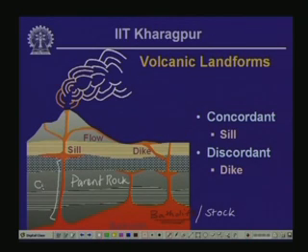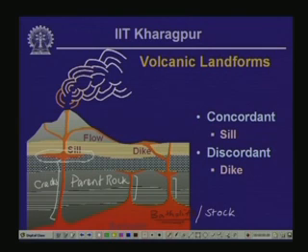These are essentially pre-existing cracks, fissures, joints, and through those pathways molten material can find its way up and end up developing bodies like this.